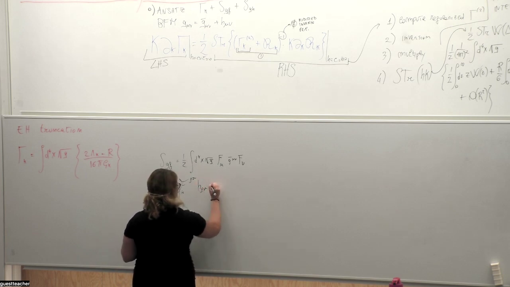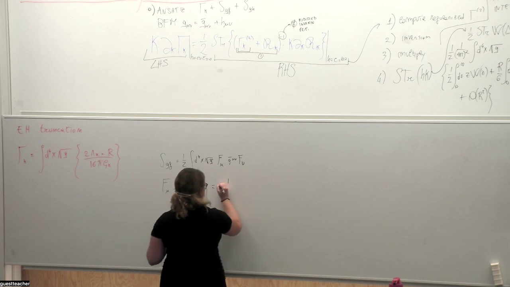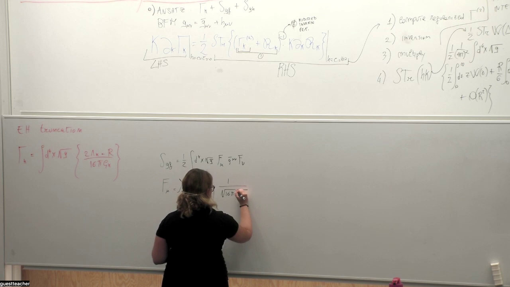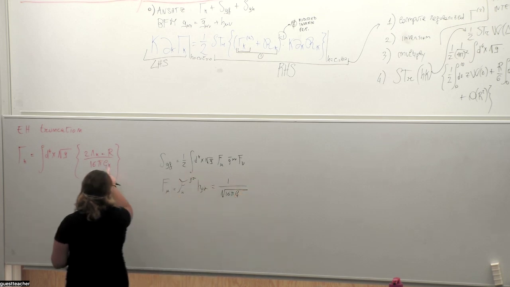F_μ contains h_ρσ, and here we have the square root of 16πG, which now depends on k.